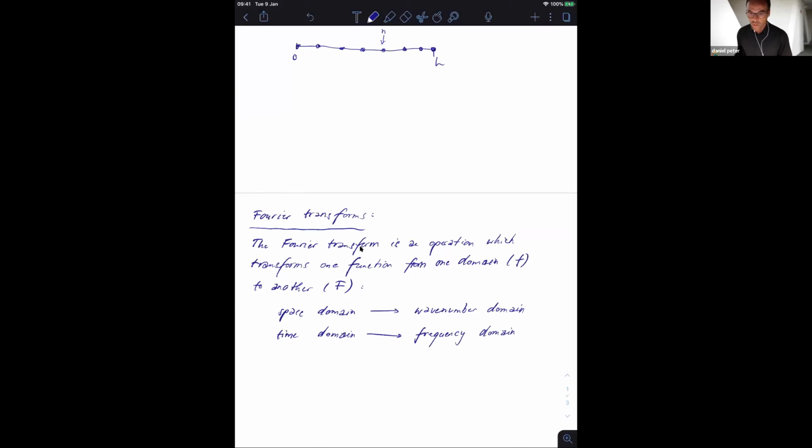But again, for us, the pseudo-spectral method, we want to find the spatial derivative. So we will be in a space domain. When we take the Fourier transform of a function which varies in space, we have then another function, capital F, which is a function of wave numbers. So we go from space domain into wave number domain and then going back basically again.